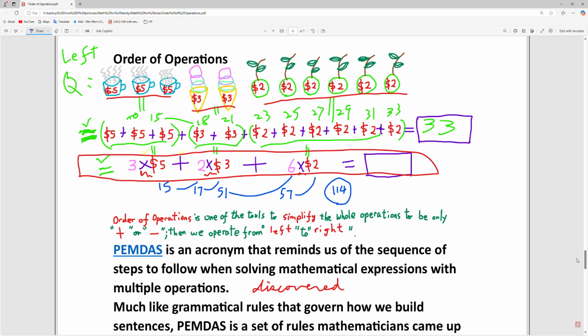Before you do all the operations, you want to take care of the parentheses. Taking care of the parentheses is the first step. You simplify your mathematical sentence. But how do you get rid of the parentheses? If you don't have any addition, multiplication, or any operation before them, or if you have only addition before the parentheses, then you can just get rid of them.